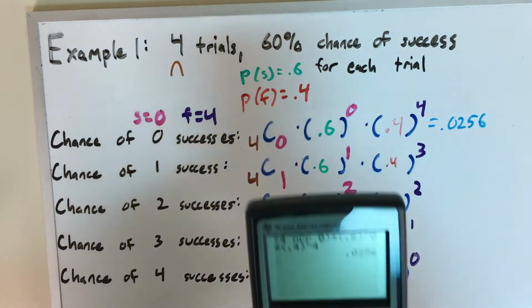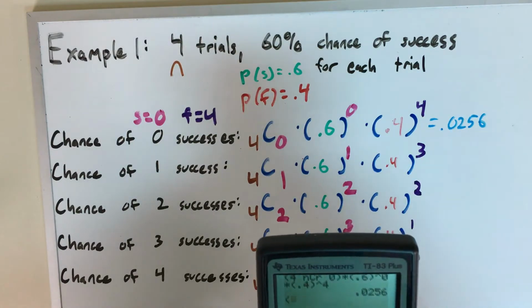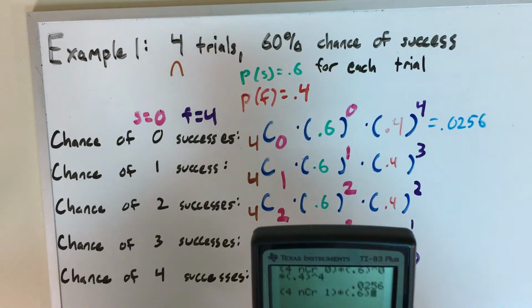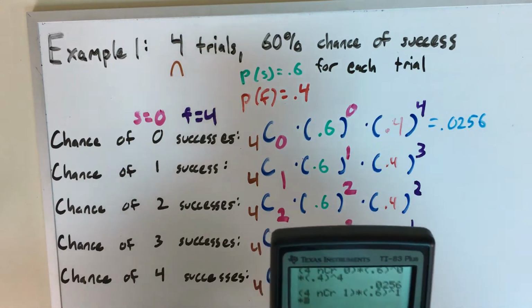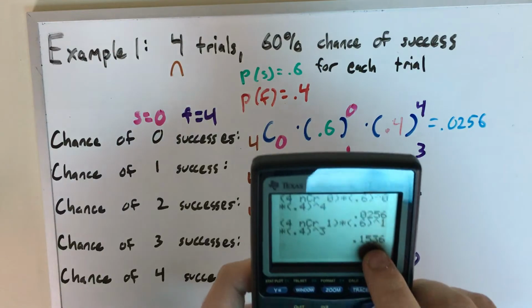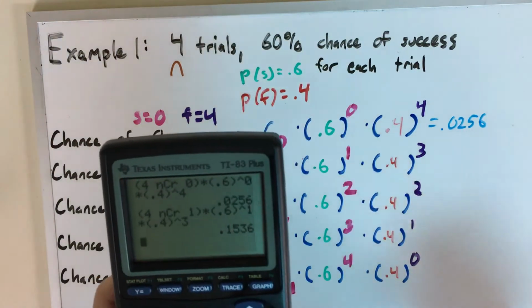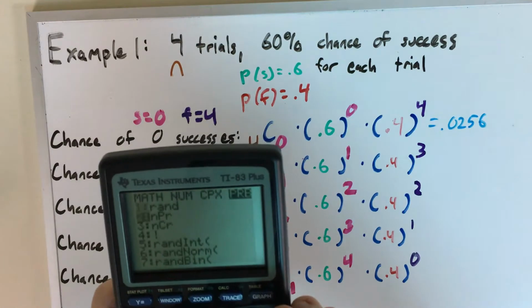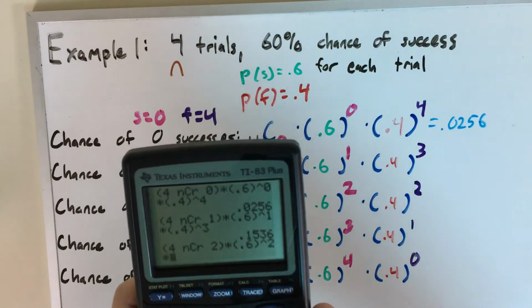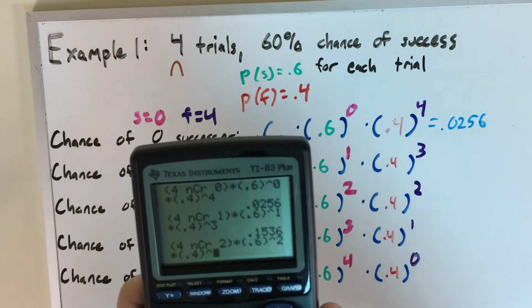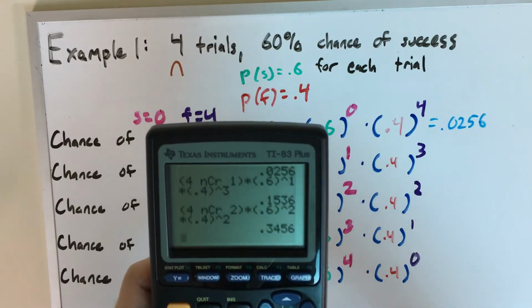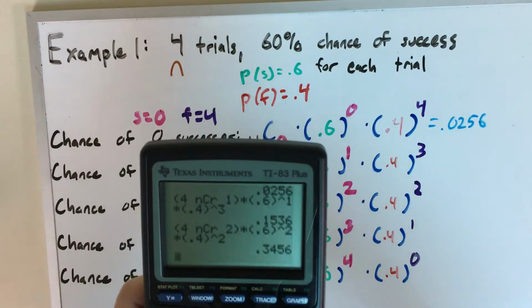For this one, that would be parentheses 4 choose 1 times 0.6 raised to the 1st power times 0.4 raised to the 3rd power, and that's 0.1536. And then for the next one, 4 choose 2 times 0.6 to the 2nd times 0.4 to the 2nd, and close your parentheses every time or else this is going to get a little crazy. 0.3456, I have room for one more.